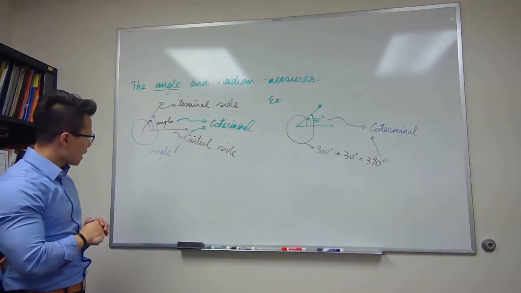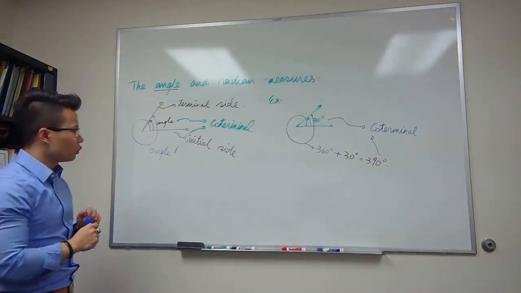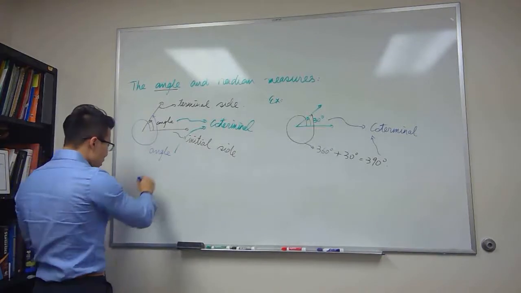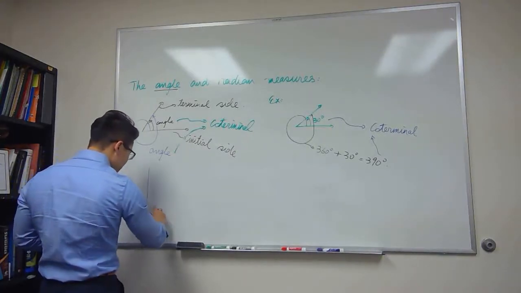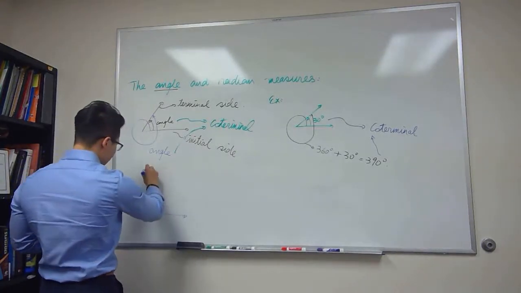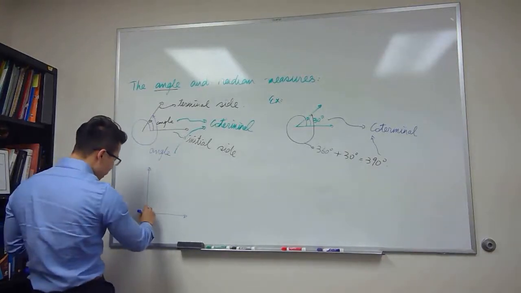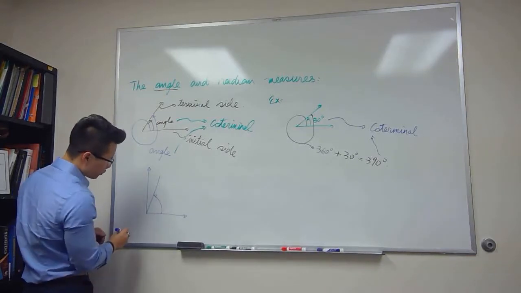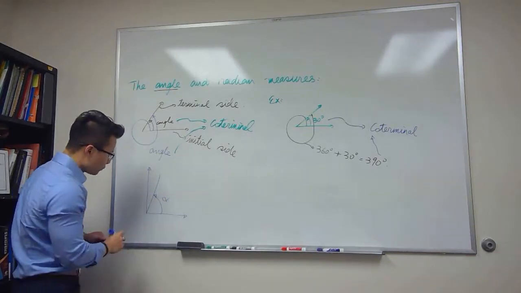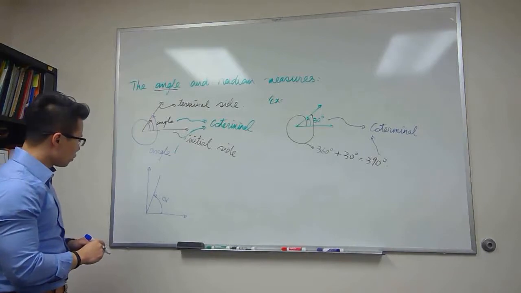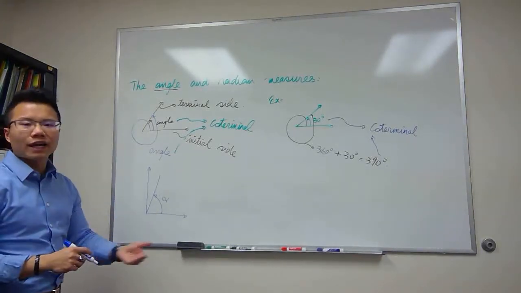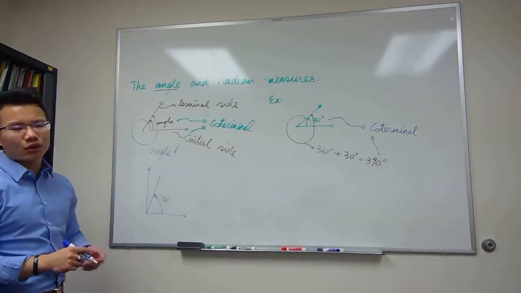And on top of that, there are two more relationships I want to share with you guys. The first one is if you have a 90 degree angle, okay, and if you break it into two, the first one in here goes this way, it's what we call alpha, and alpha is normally a Greek letter we use to represent angles.